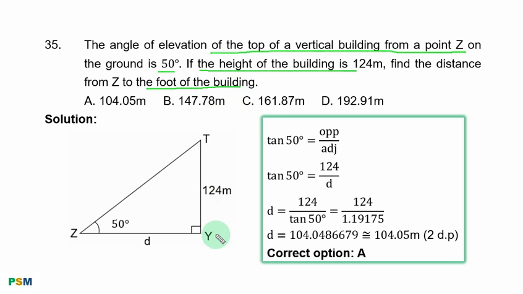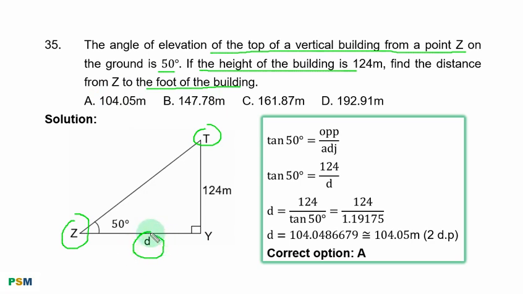The building is TY, the top is T, the foot is Y. You have point Z whose angle of elevation to the top of the building is 50 degrees. Distance ZY is the distance from Z to the foot of the building, denoted by D.